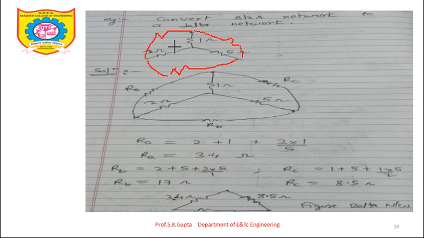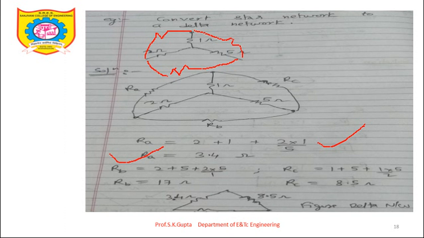Now if I want to calculate the resistance present in the delta network, this resistance, so sum 1 plus 2 plus product 1 into 2 divided by remaining, which is 5. So 3 plus 2 by 5, 2 by 5 means 0.4. So 3 plus 0.4, answer is 3.4. Same way you can calculate the other resistance values. And last step is you should draw the delta network with resistance values.